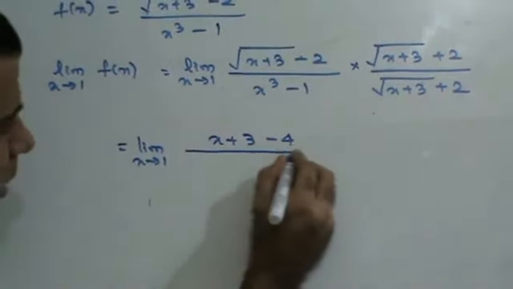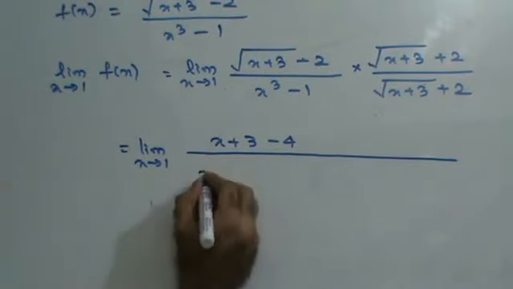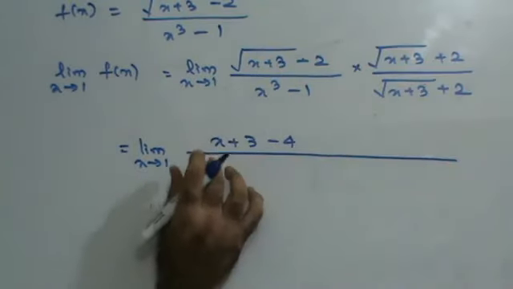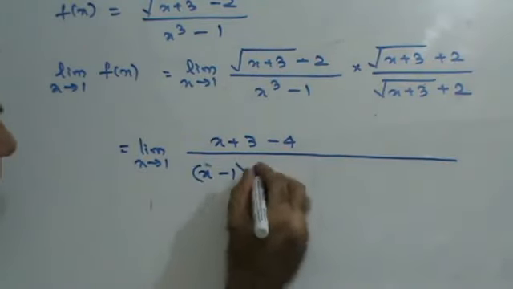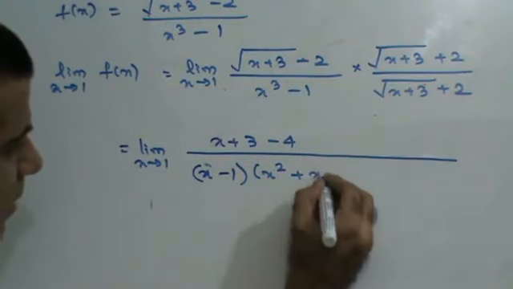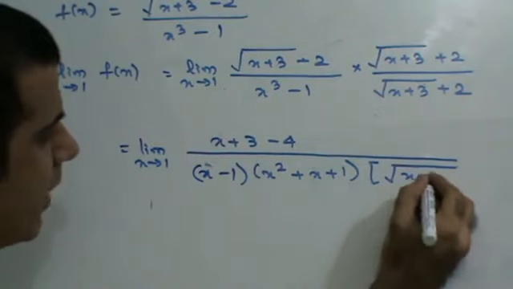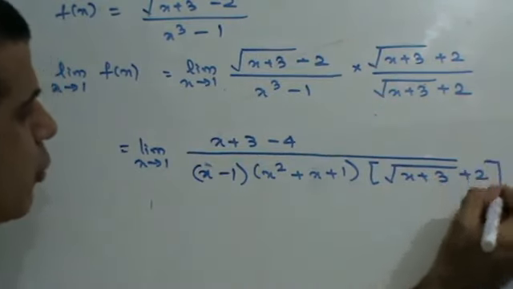In the denominator you have x cube minus 1, which I can expand by using the formula a cube minus b cube, which is a minus b into a square plus ab plus b square, into square root of x plus 3 plus 2.